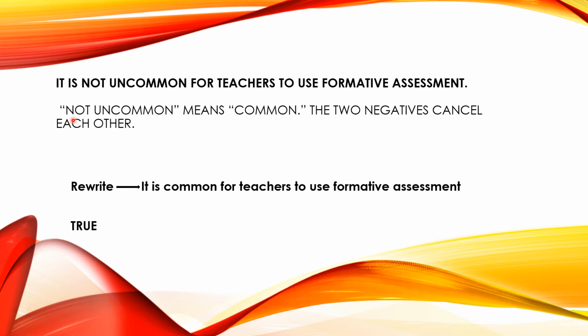The first one is not, the second one is uncommon. When these two words meet, they cancel each other, so not uncommon means what? It is common. So now let's replace not uncommon with common and see how the statement is going to be.